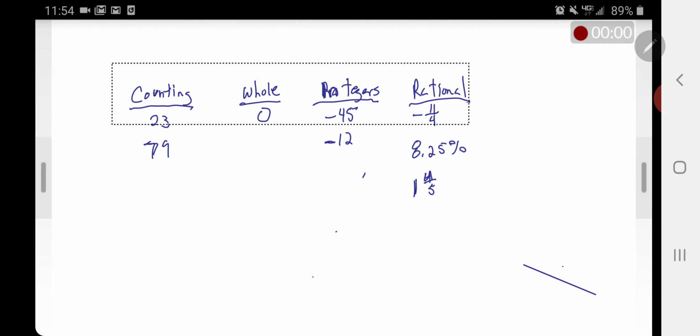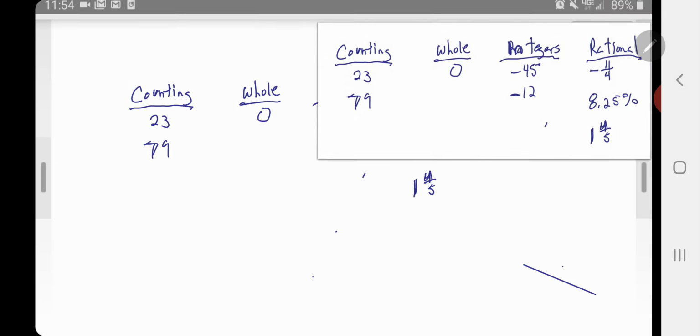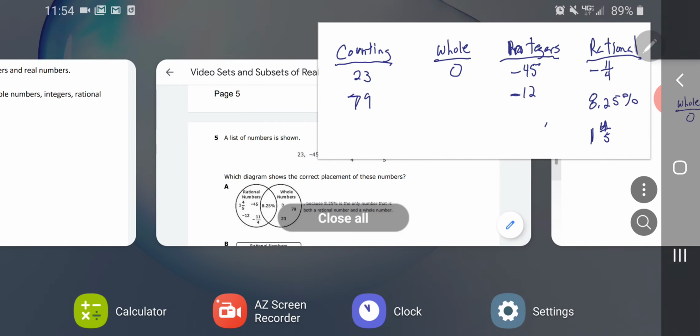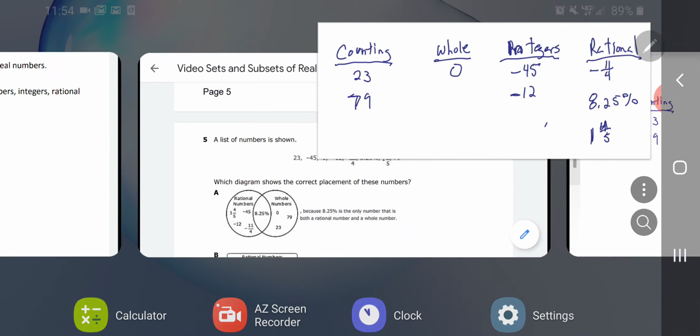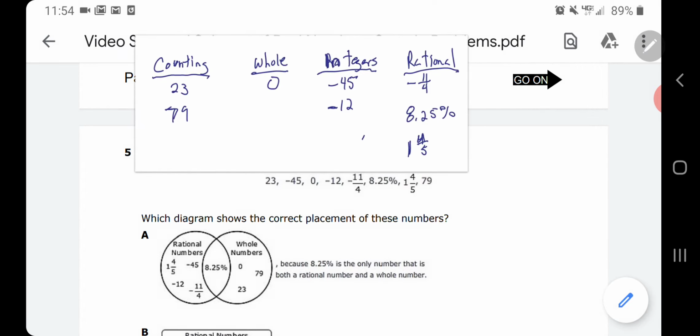So taking that, let us go back over here. So, which diagram shows the correct placement of these numbers? Well, here in A, we show whole numbers, and it shows whole numbers as 0, 79, 23.